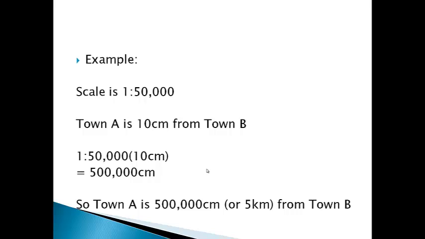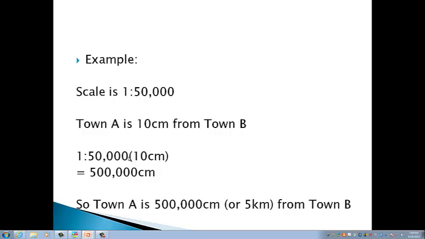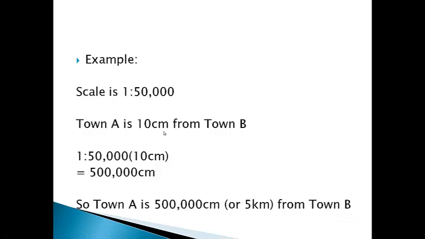So hypothetically, if we had a town A, and it was 10 centimeters away from town B in a straight line, one way of converting this to something more manageable would be to take our ratio, 1 to 50,000, and multiply by 10 because we've measured out 10 centimeters from town A to town B. We can do our simple mathematics, and this works out to be 500,000 centimeters. So town A is 500,000 centimeters from town B.